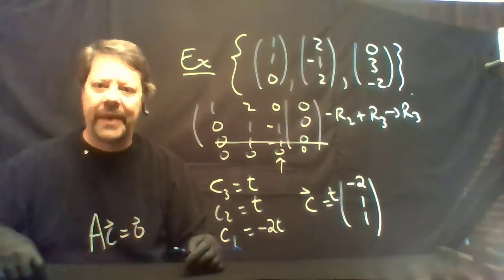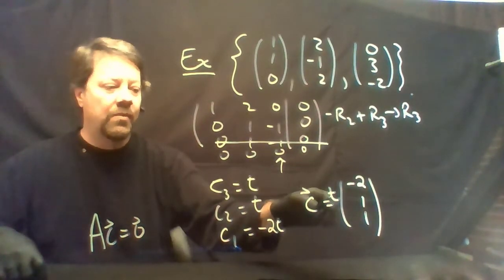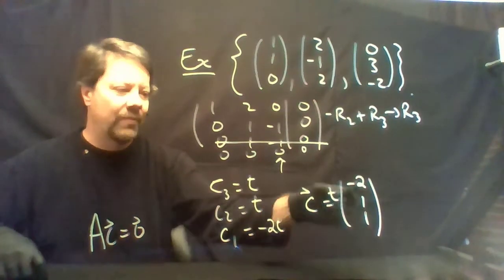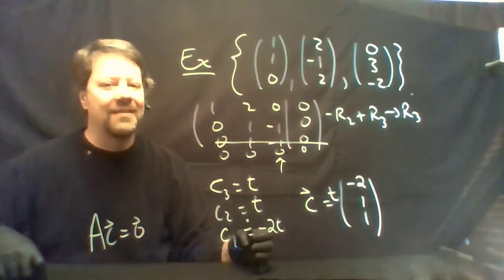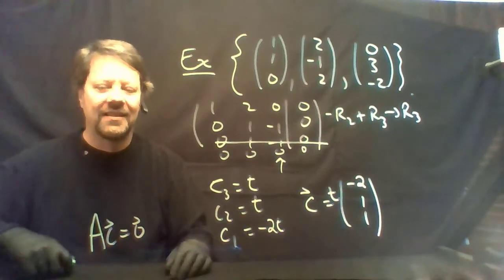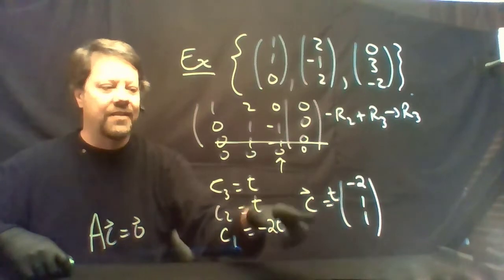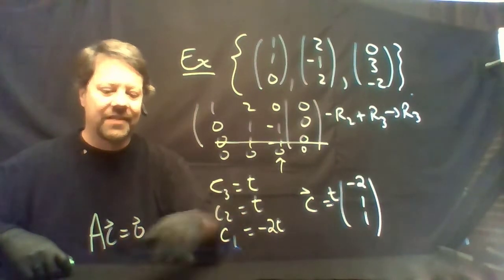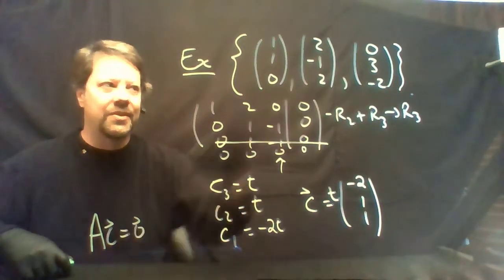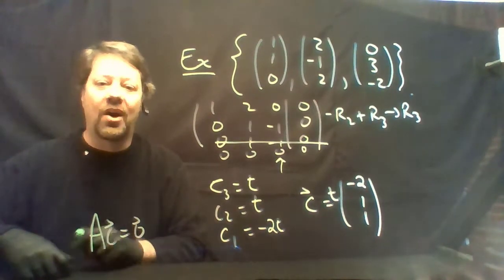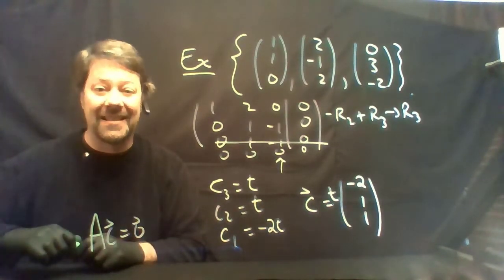The combination that we had earlier corresponds to the choice of t equals minus 1. We had 2, minus 1, minus 1. All you need is for one non-zero vector c to satisfy this equation to deduce that the vectors representing the columns of the matrix A are linearly dependent.